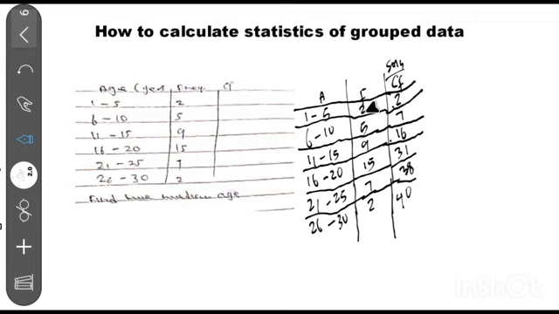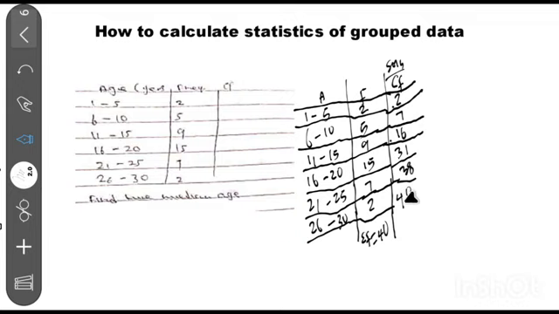If we add 2 plus 5 plus 9 plus 15 plus 7 plus 2, that would be the summation of the frequency. The summation of f is equal to 40, and it must be the same as the last value of the cumulative frequency.